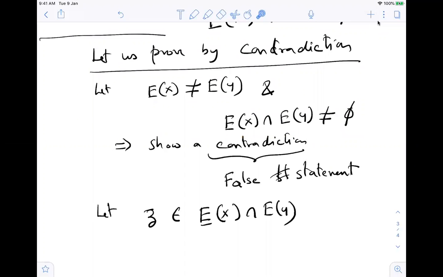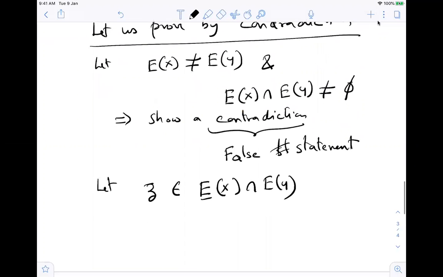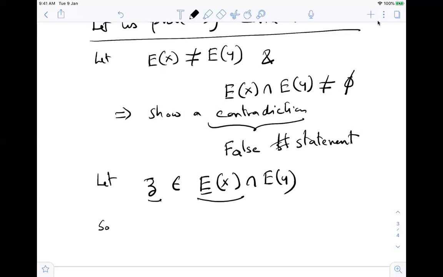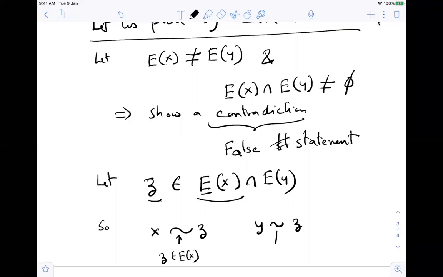Okay, so what does it mean? Now here is a collection of things. Because Z is in E of X, I know that X is related to Z. This is because Z is in E of X. And I know that Y is related to Z. Why?